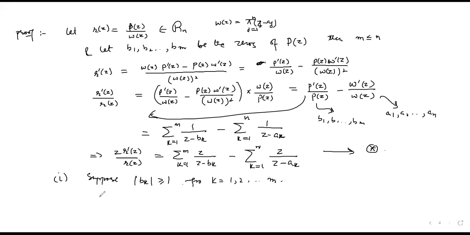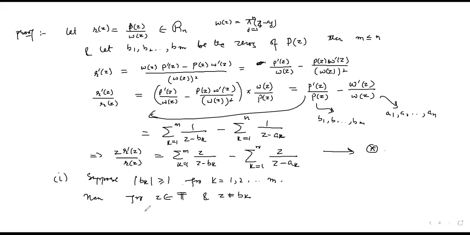So then for z belonging to T, that is, having modulus 1, and z not equal to bk, what should we have?